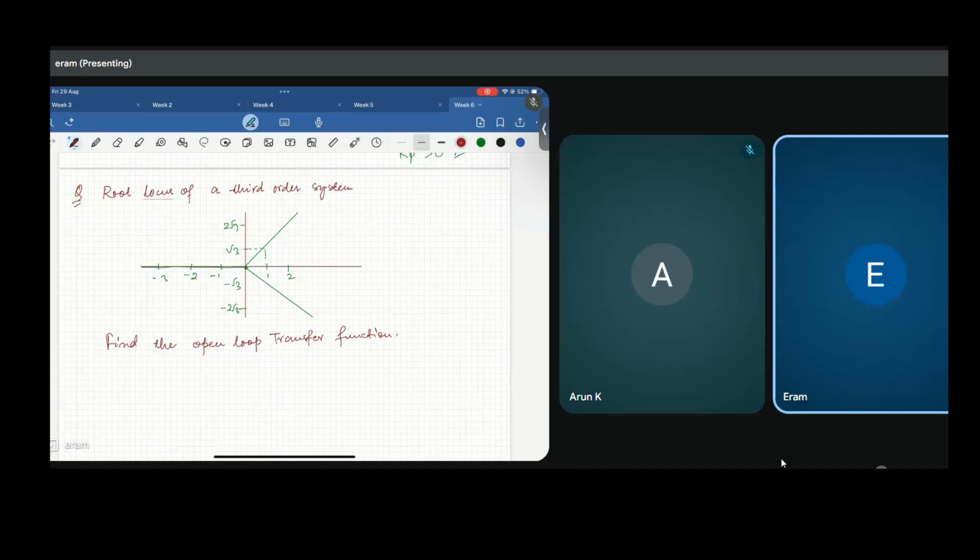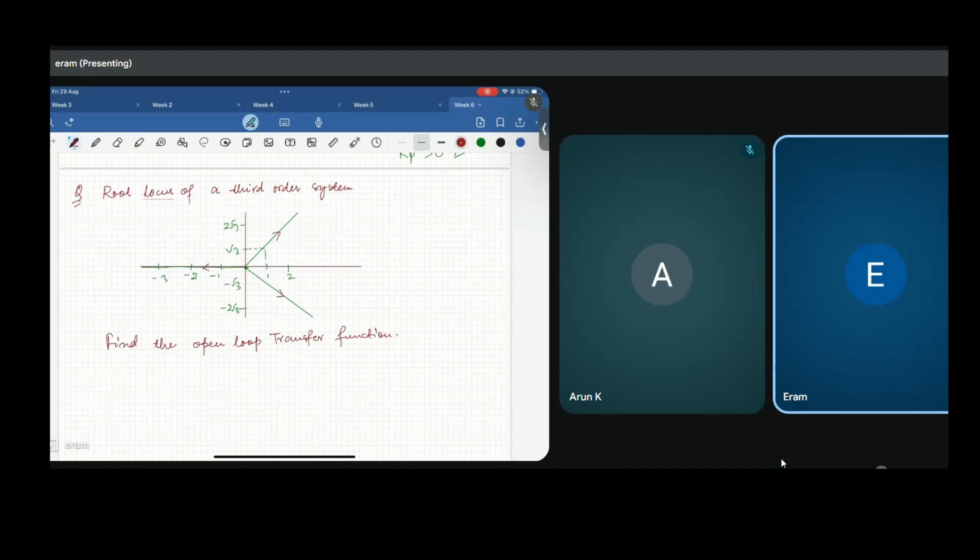Okay. From the root locus, what we are seeing is there are 3 branches coming out from the origin. Okay, I have missed the arrow. And these branches are terminating to infinity, right?